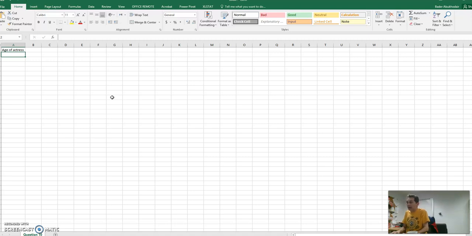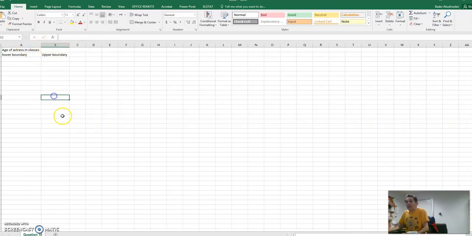So the age of actress will have a lower boundary and an upper boundary for the class. Age of actress I can write over here in classes. Okay. So this is the upper bound, this is the lower bound of each class.